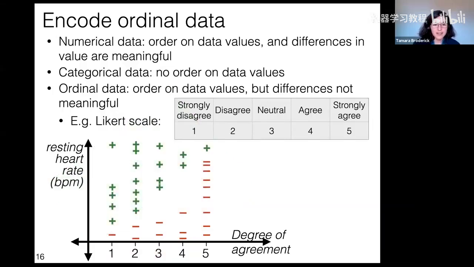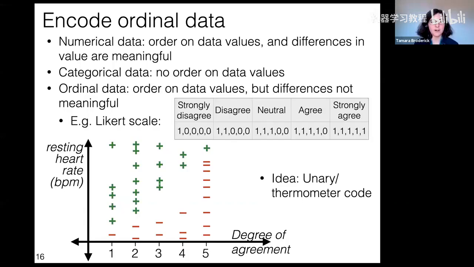Now, an idea here is something that is called unary or thermometer code. And so that's exactly the following. I've replaced 1, 2, 3, 4, and 5 with 1 followed by all zeros, 1, 1 followed by all zeros, 1, 1, 1 followed by all zeros, and so on.